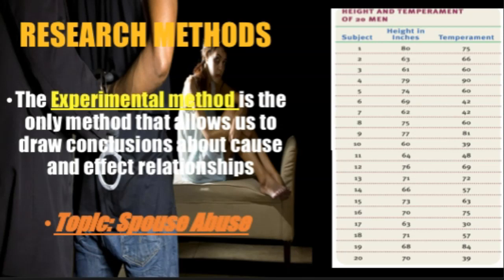Now, once I have a method that I'm going to use, right? The experimental method. I've got a topic, and I've got a problem that I want to research. I now need to come up with a hypothesis, and then I need to come up with independent variables and dependent variables within that hypothesis so that I can label what I am studying.